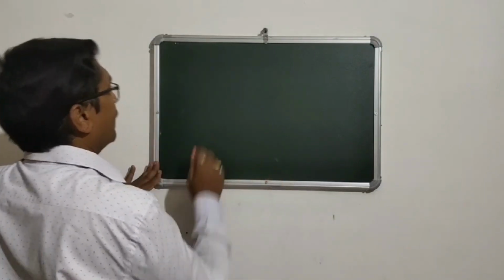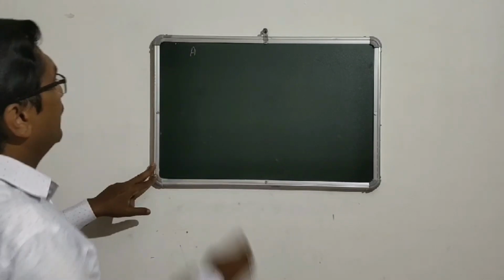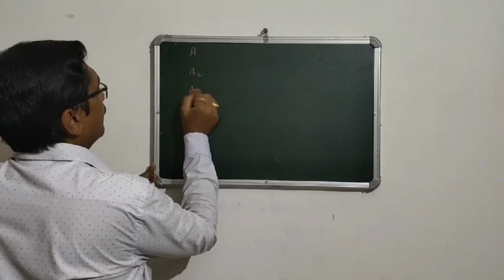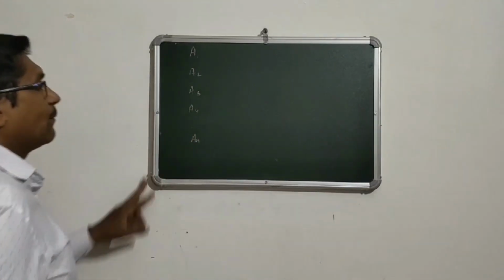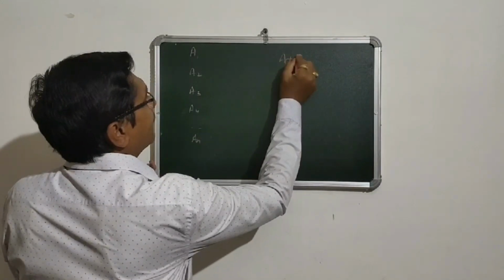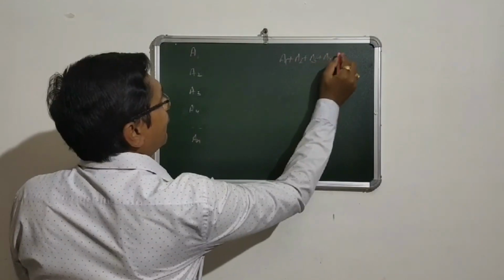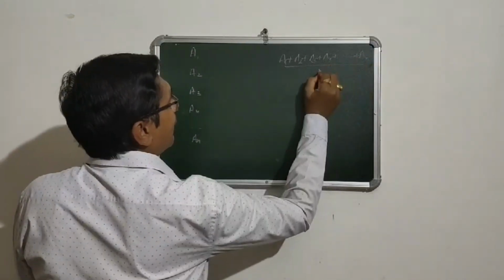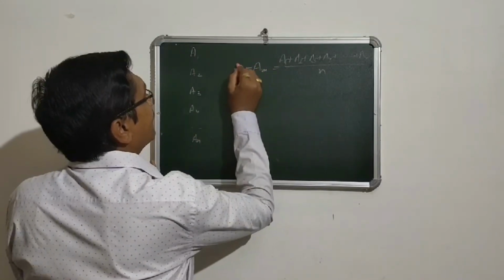Suppose we assume a physical quantity A. A has different values, suppose A1, A2, A3, A4 up to An. Then their mean value is A1 plus A2 plus A3 plus A4 up to An upon n, which can be represented by A bar.